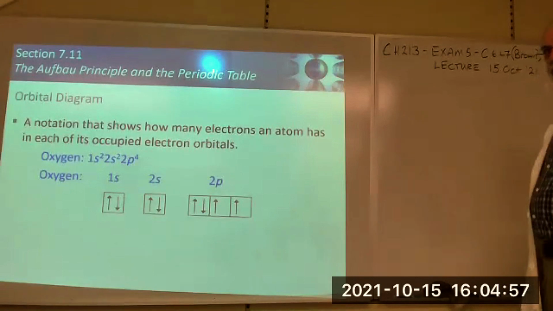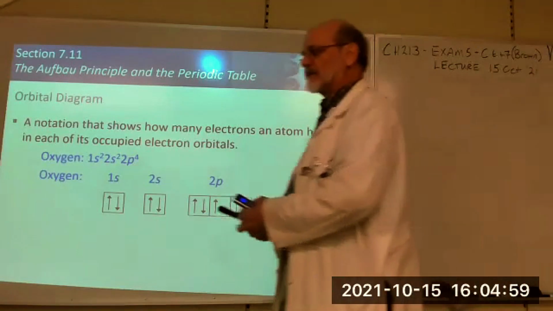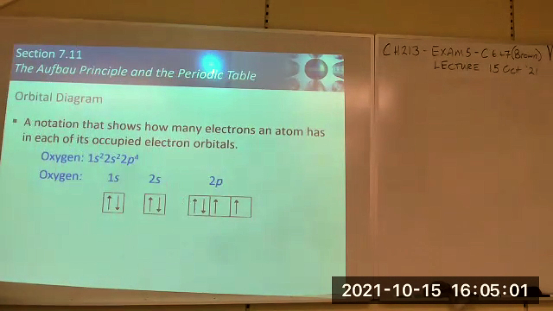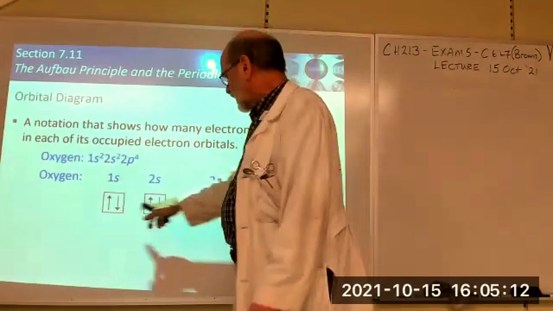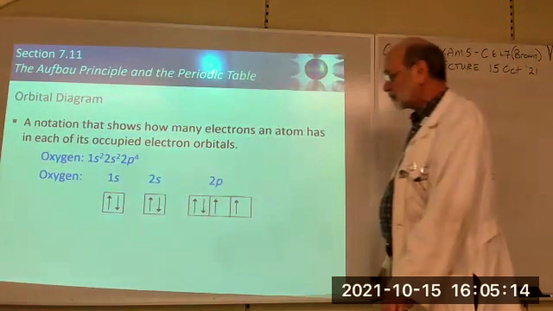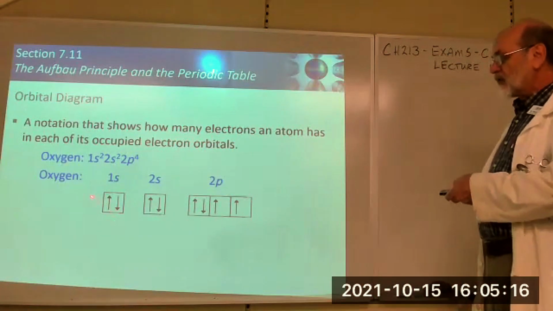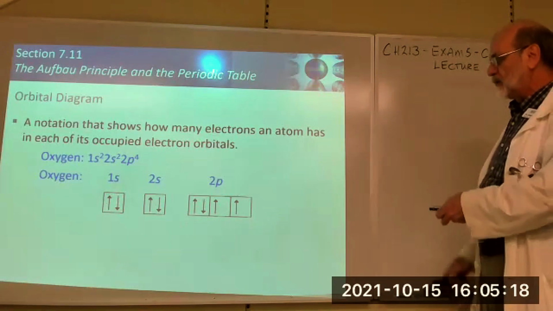Okay, orbital diagrams. Here's where the fun starts. Now your textbook probably does it this way too. I don't remember. So for these orbitals where we're going to put spin up, spin down electrons, they like to draw boxes and put complete arrows.